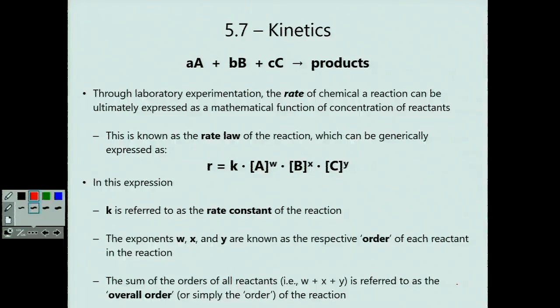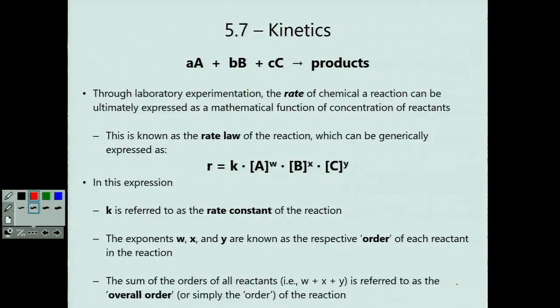And then you can observe, you can measure using instrumentation these days, obviously, how much is left of A, B, or C at this time and that time and that time and that time. And that allows you to then establish how does the rate of reaction change over time and how is that dependent on the concentrations of the different substances.